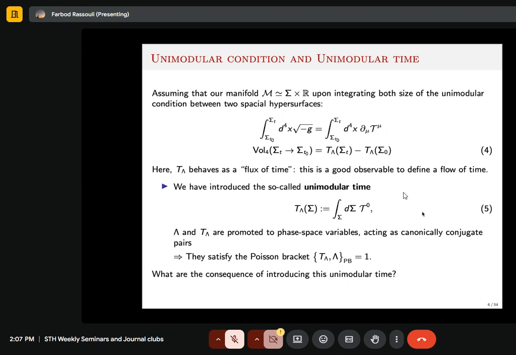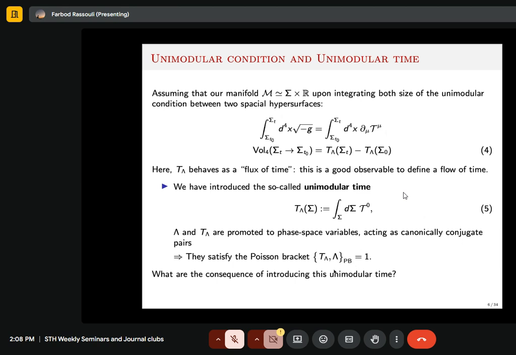It is canonically conjugate to λ, the vacuum cosmological constant. So you can write it as a Poisson bracket, as I wrote down here. Since λ can be seen as an energy, T_λ is your coordinate time, a physical time that cares about λ.